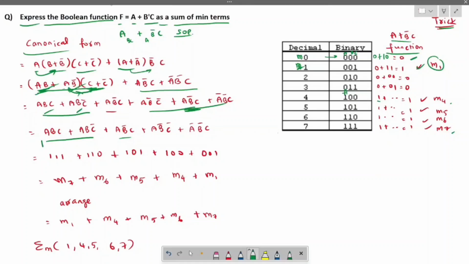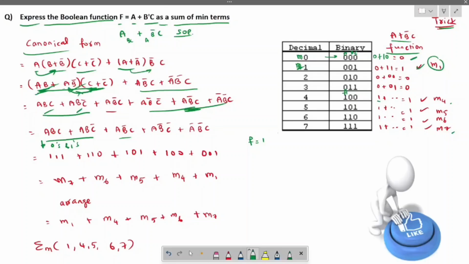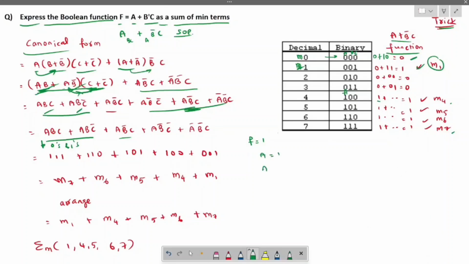Now try to write them in the form of zeros and ones. When we write it, we get this. Since SOP is a function of 1s, a we write as 1, a bar we write as 0, and the same way for the others, like all ones and c as 0. So we have converted it this way.